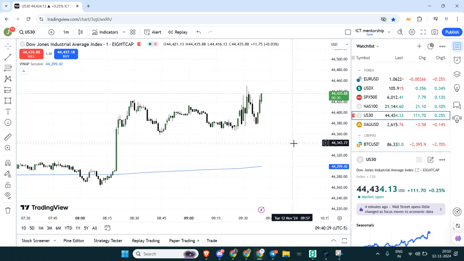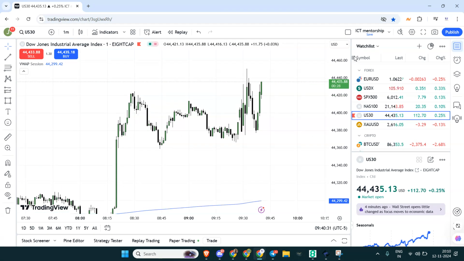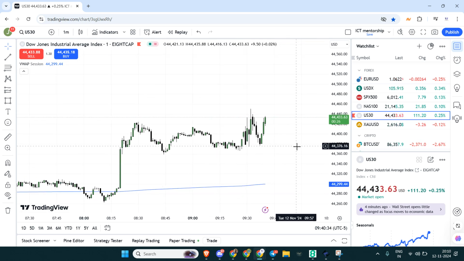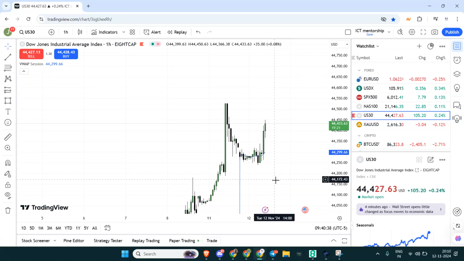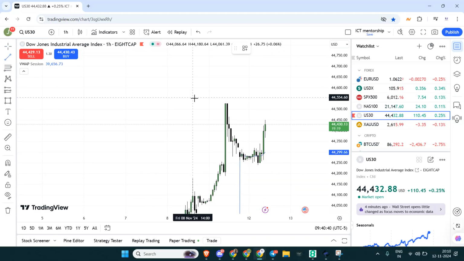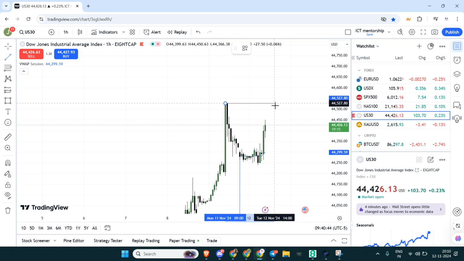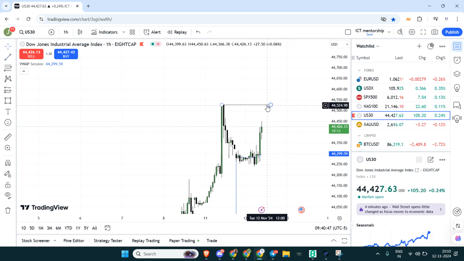USDT is also retracing back. It's going up, so maybe it will sweep this liquidity. I'm not taking trades in USDT still. I'm expecting that USDT will take this liquidity because there are two equal highs there.